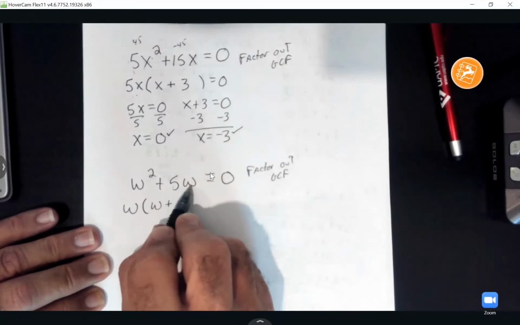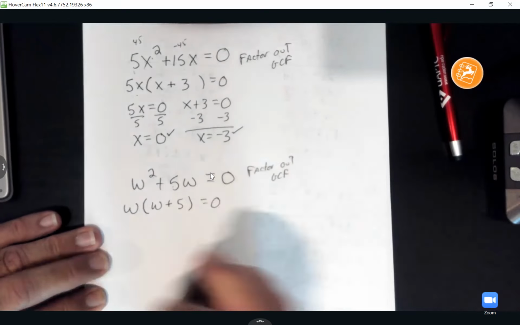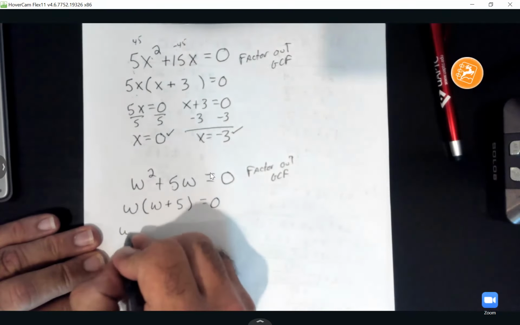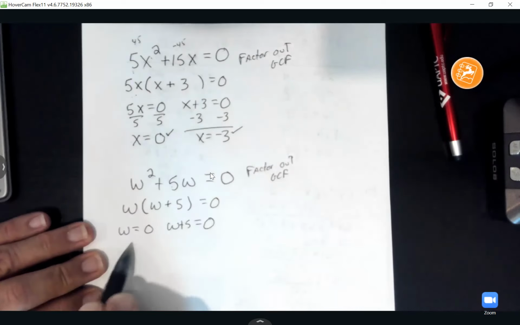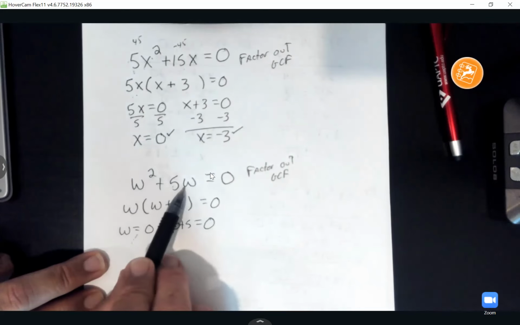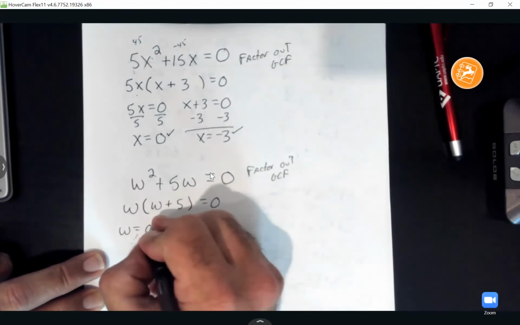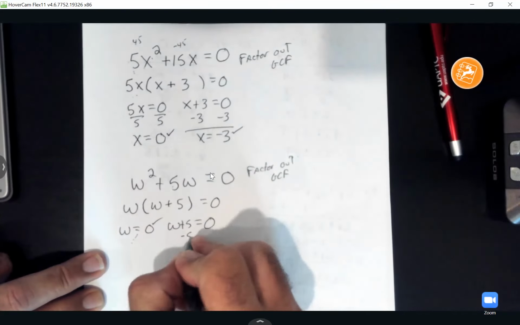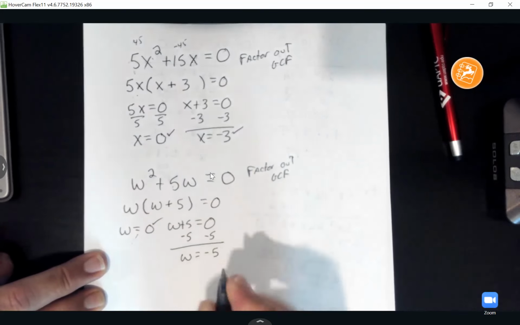If you take the 5w, divide out that w, you're left with the 5. And then at this point, y'all set both these factors equal to 0. Well, that one's done. That means w equals 0. If I put a 0, squared plus 5 times 0 is 0. 0 plus 0 is 0. So the 0 works. And then here you subtract 5 and get w as a -5.